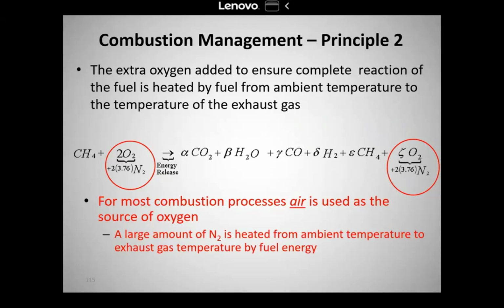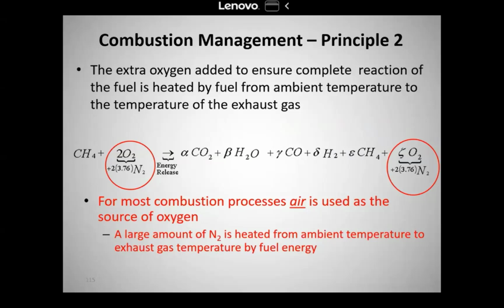Well, where do we get the oxygen that we burn? Well, we can't afford bottled. You could buy bottled oxygen and you would be much more efficient, but you can't afford it, because air is free. It's in the air. So that's what we use.